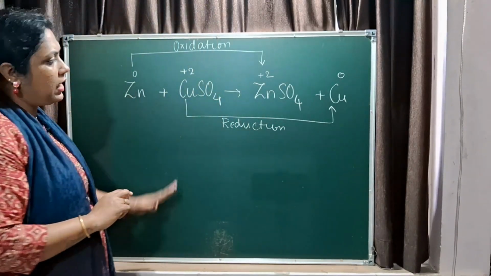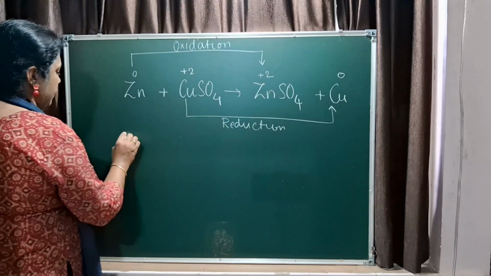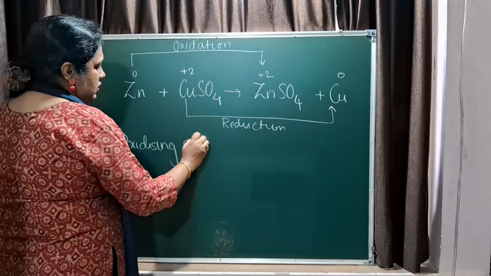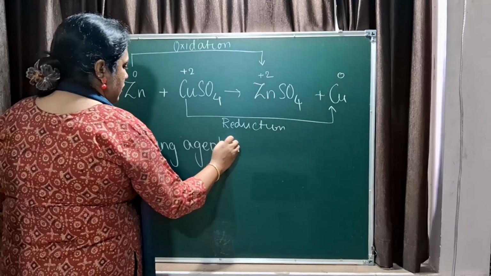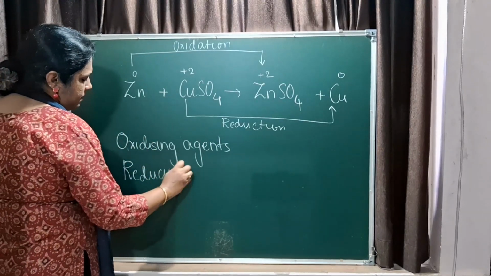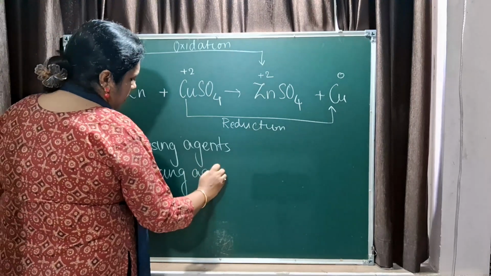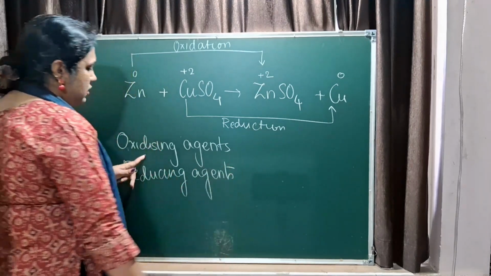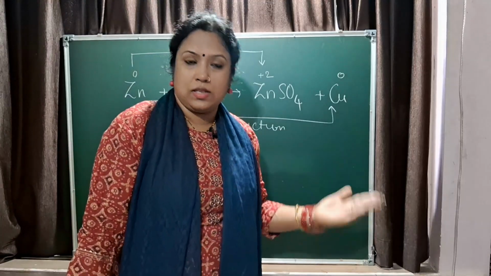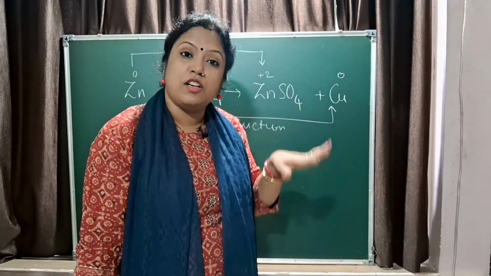Now what happens? I will introduce one more concept of agents, oxidizing agents and reducing agents. Now oxidizing agent means which is helping in the process of oxidation by itself getting reduced.